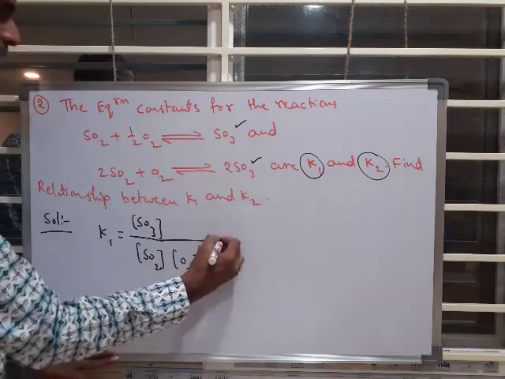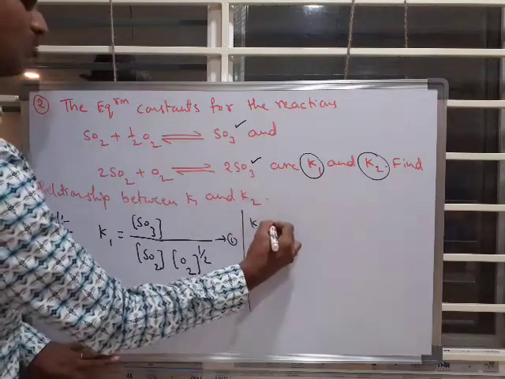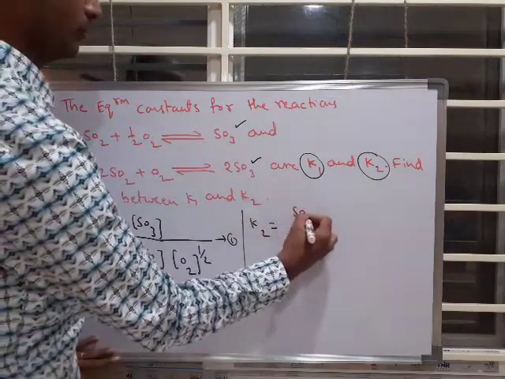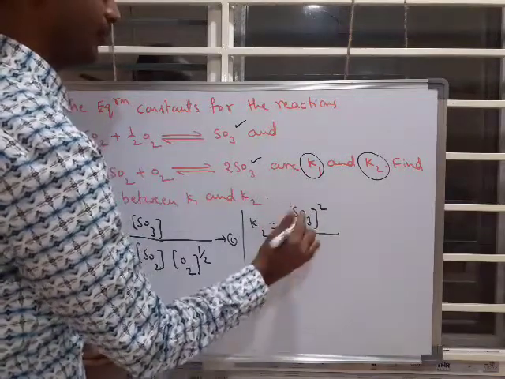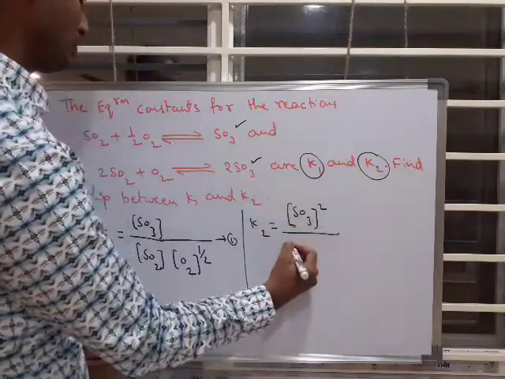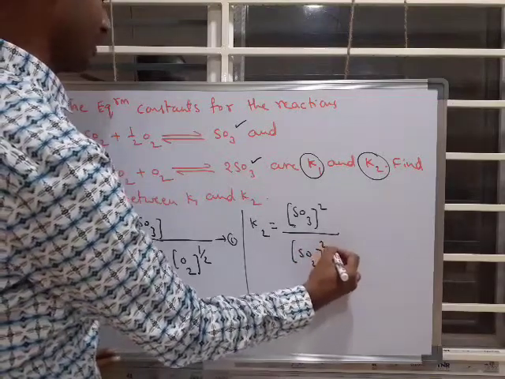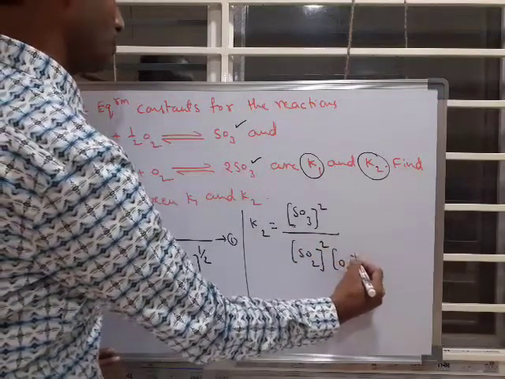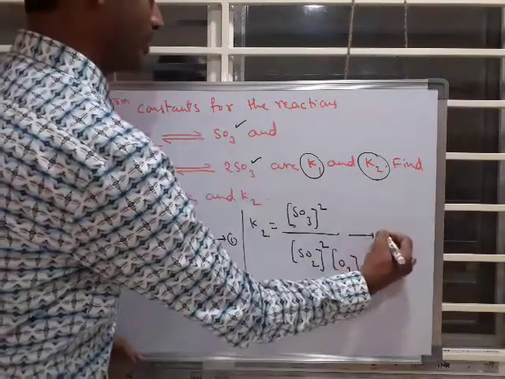This is K1, say equation 1. Next, write down K2: simply SO3 squared by SO2 squared into O2 power 1. Say it is equation 2. Actually, we can simply guess the relation also, but for some problems we will get difficulty just by guessing.